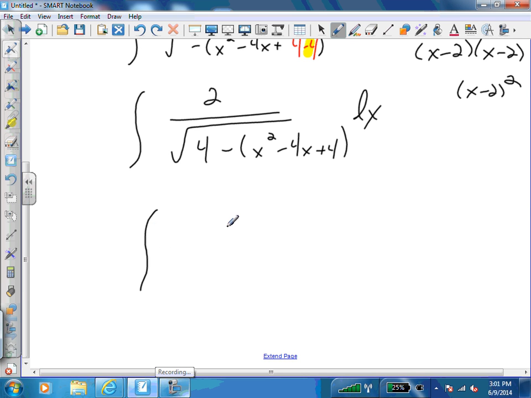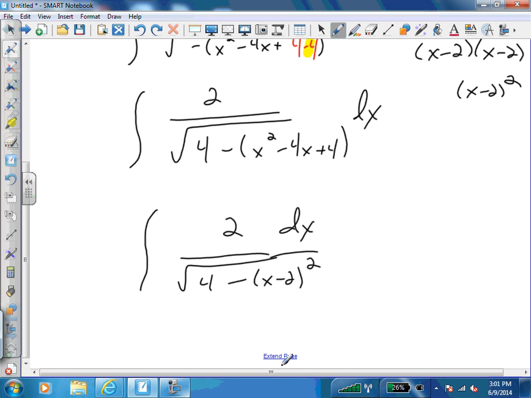Which we said is x minus 2 squared. So that gives us an a squared minus a u squared.